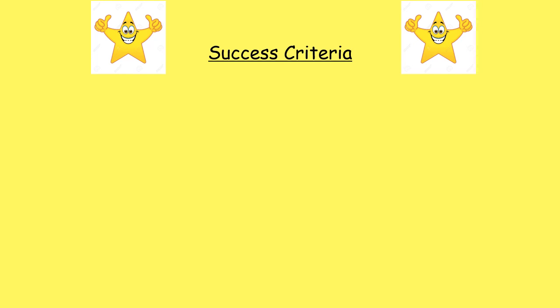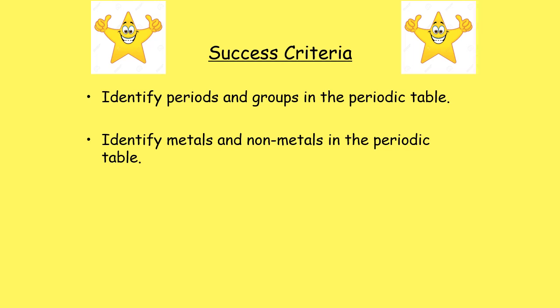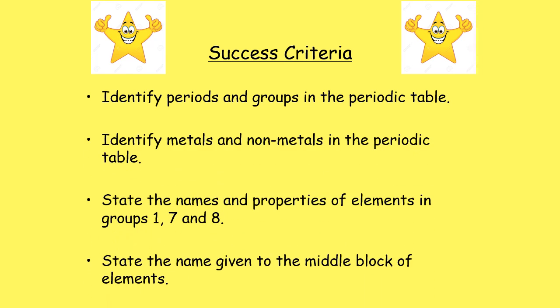So that was our lesson. Hopefully, you'll be able to identify what a period and a group is on the periodic table. You'd be able to identify that metals are on the left-hand side of the periodic table and non-metals are on the right-hand side of the periodic table. You would be able to give me the names of group 1, the alkali metals, group 7, the halogens, and group 8, the noble gases, and be able to describe them in some way.